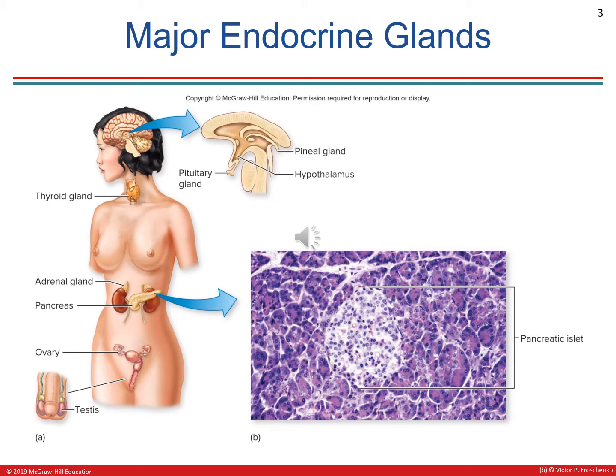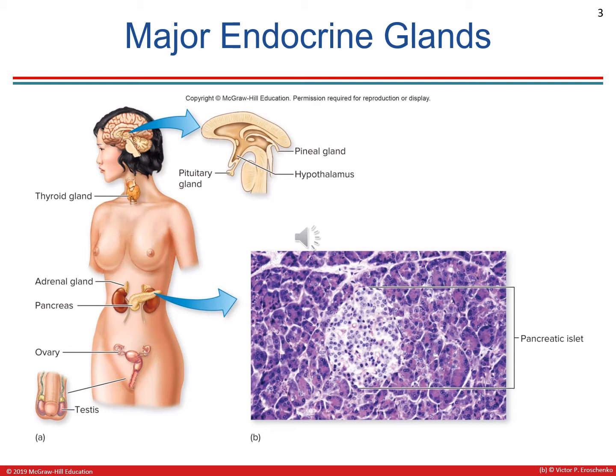The pancreas is an organ that acts as an exocrine gland and an endocrine gland. As an endocrine gland, the pancreas contains the pancreatic islets or islets of Langerhans, which contain the beta cells and alpha cells, the ones that produce insulin and glucagon. And if we continue going down, we have the gonads.